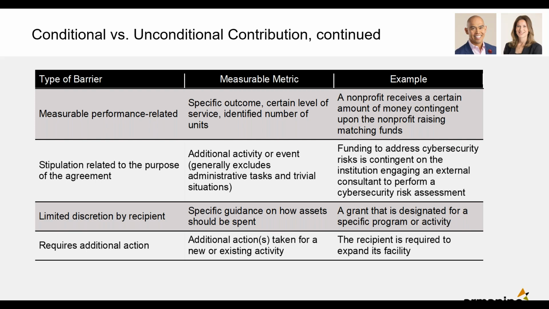And then we just had another question about denoting conditional versus unconditional and why that's important. So it's important because if you have a conditional award, then if you've received funds up front and you identify the award as conditional, then you're going to have a liability on your statement of financial position for that condition.